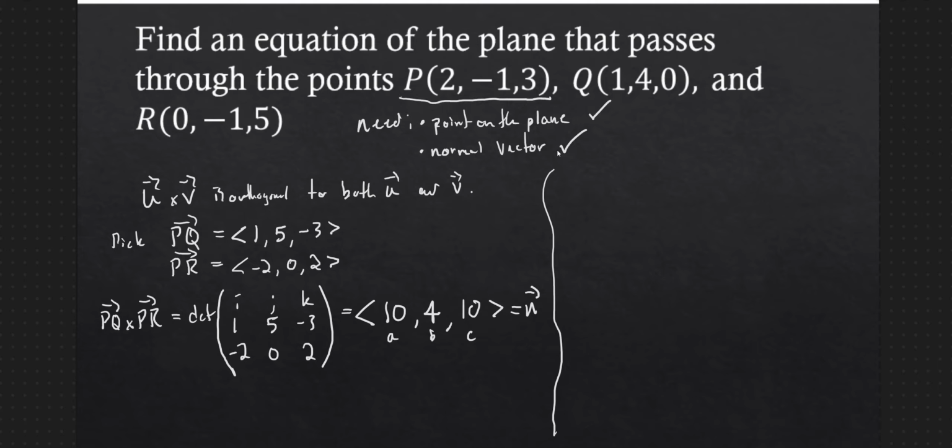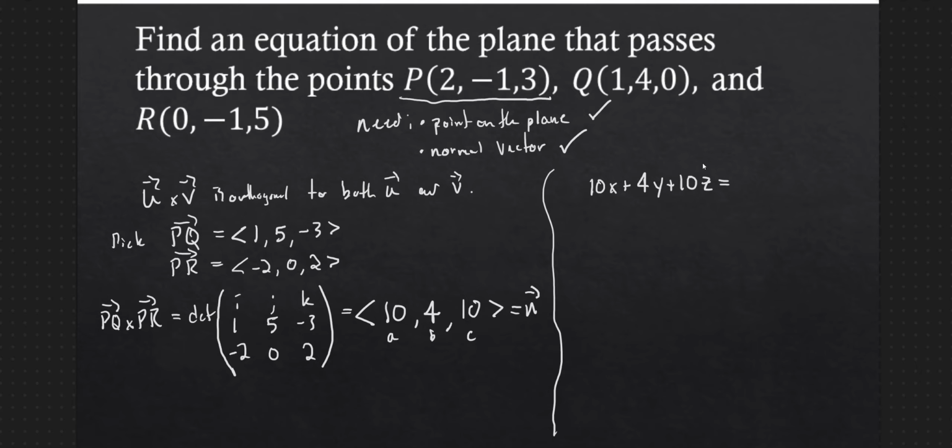It doesn't matter which one you pick. We'll get a similar equation regardless. So 2, negative 1, 3. So this is going to look like Ax plus By plus Cz, so that's 10x plus 4y plus 10z equal to the dot product of n and this one.